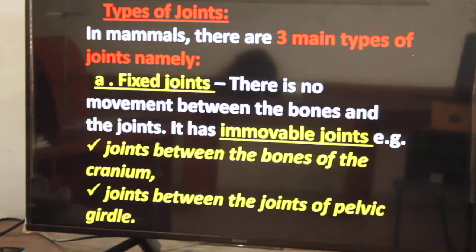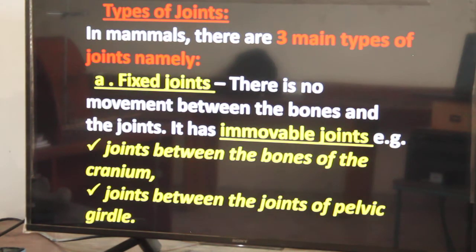In mammals, there are three main types of joints. One, we talk of the fixed joints. In a fixed joint, there is no movement between the bones. So you have a joint that is completely immovable. Very good examples are the bones of the cranium, the bones that make up the skull.